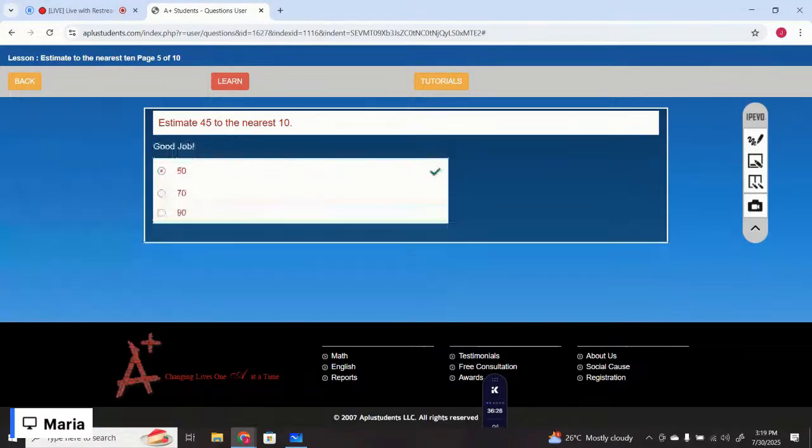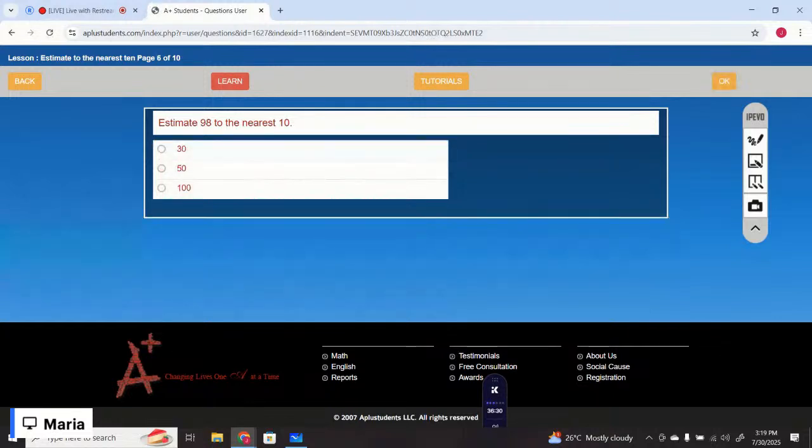Option number one is the correct option. Estimate 98 to nearest 10. Ninety-eight is rounded to 100. Option number three is the correct option.